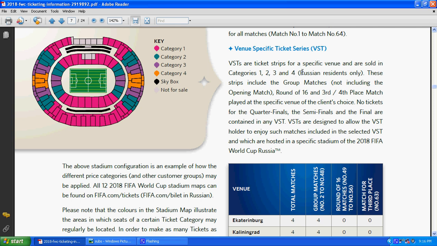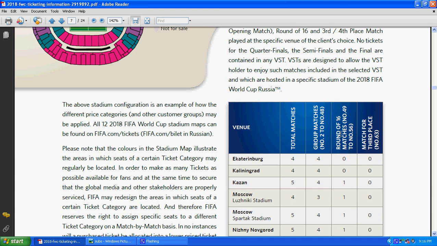And it makes sense, right? Because suppose the World Cup is happening in Kolkata at the Salt Lake Stadium, I would probably want to watch all the matches in Kolkata itself. I'll probably not want to travel to Delhi or Mumbai to watch. So that probably makes sense, to reserve those tickets for the host nationals only.